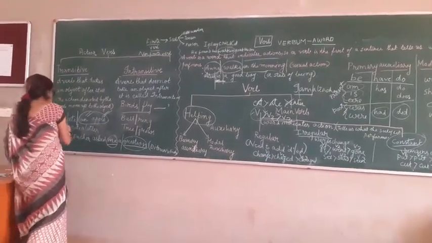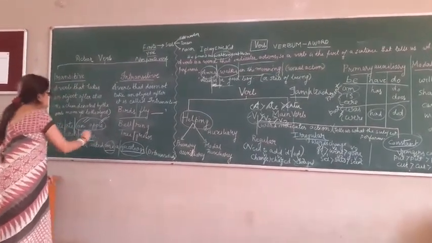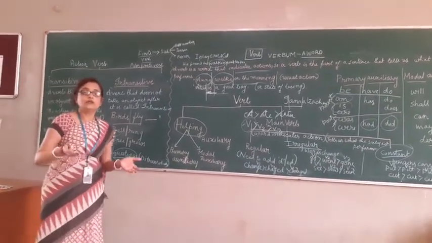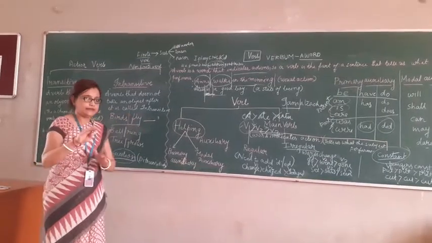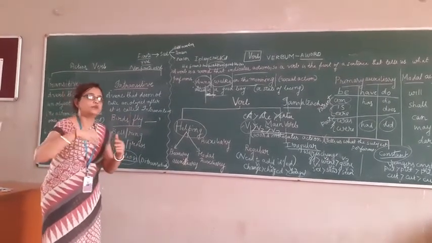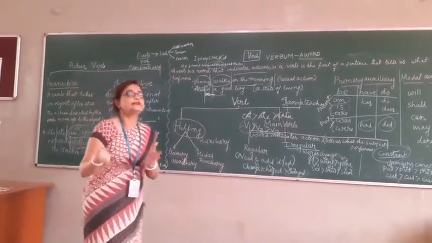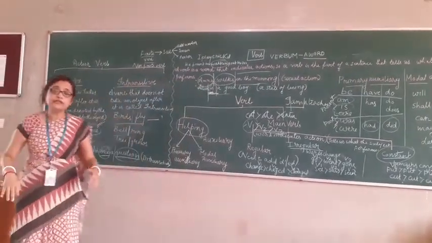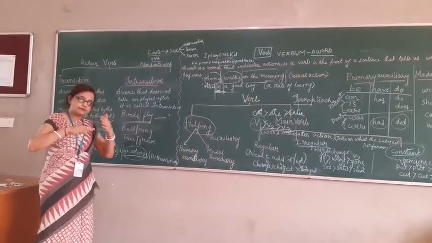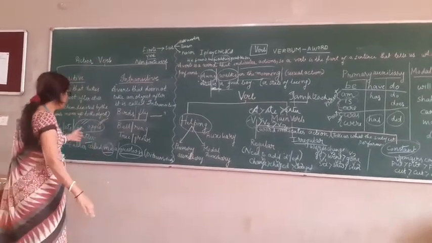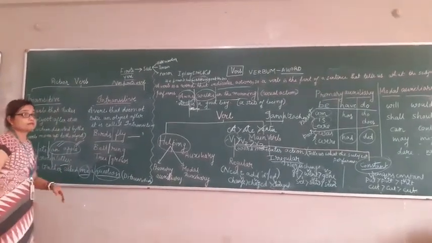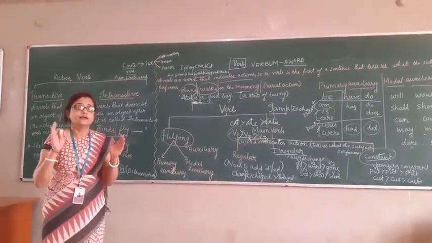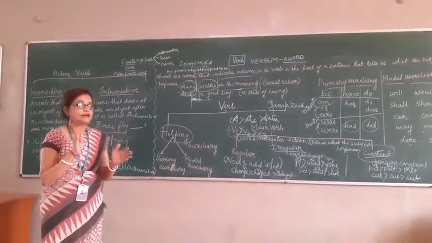He wrote a letter. If you question, he wrote what, then you will get the answer, a letter. When you question the verb, you will get the object as your answer. By that time, it is the transitive one. The meaning transits from the subject and ends here at the object. Okay, so for active and passive voice, it must be a transitive one.